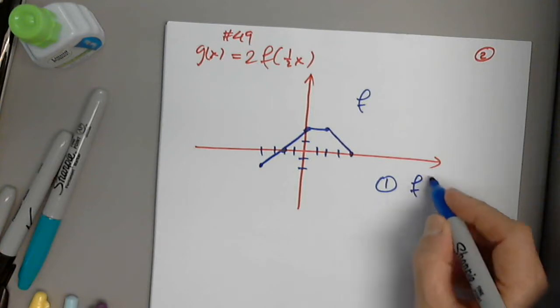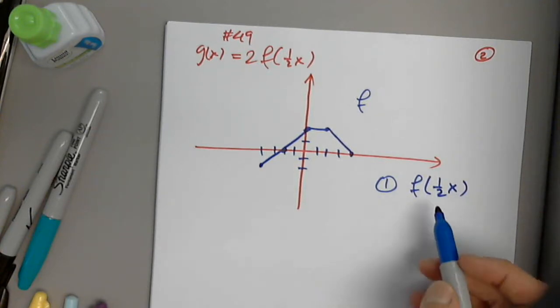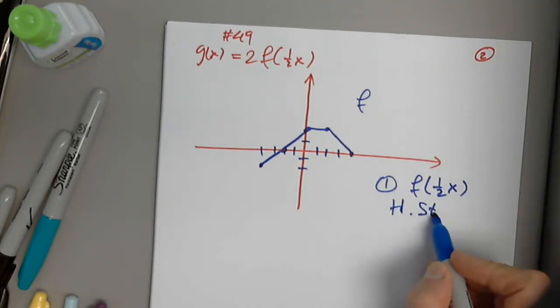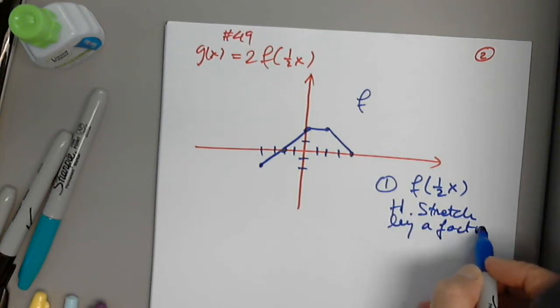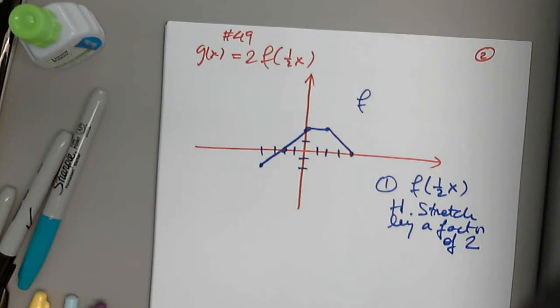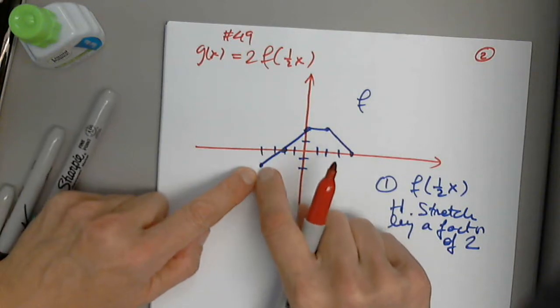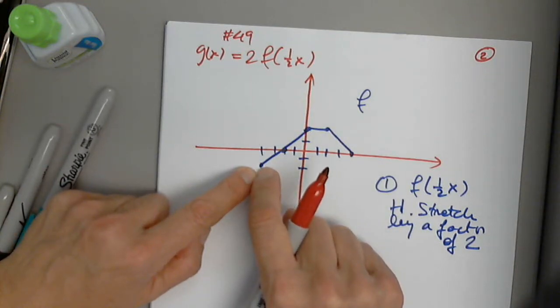Horizontal stretch. Very good. So it's a horizontal stretch by a factor of 2. Awesome. So it's a transformation in x. So this point is at -4. Where will it go?